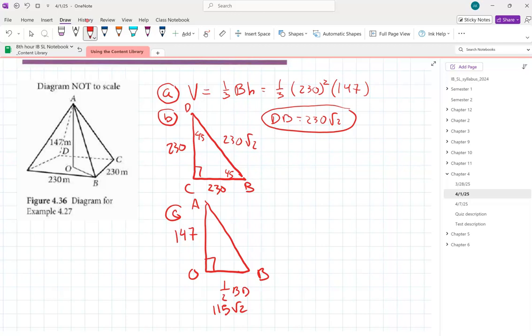I just took my answer for BD and divided it by 2. So my answer for AB is just the square root of that thing, using the Pythagorean theorem. When I do that, I get about 219.